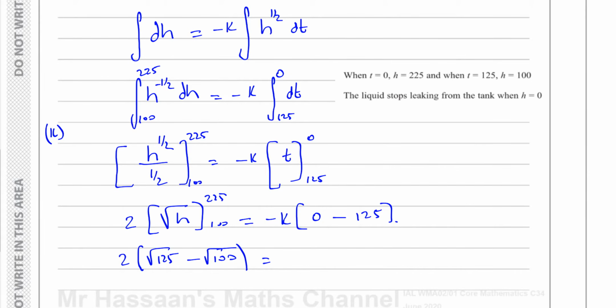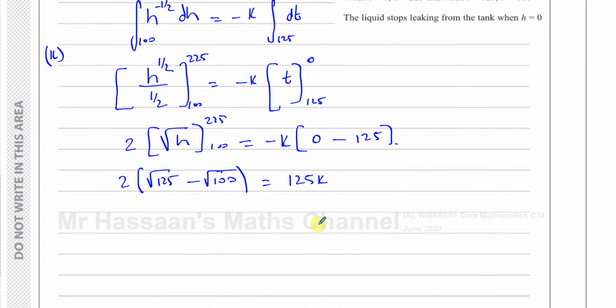The square root of 225 is 15, so that's 15 minus 10, and that's 125 times k. So that's 2 times 5, which is 10, equals 125k.